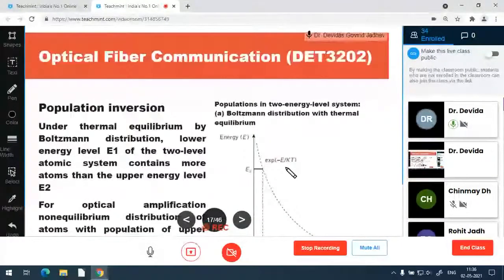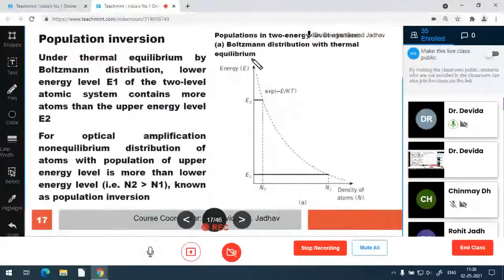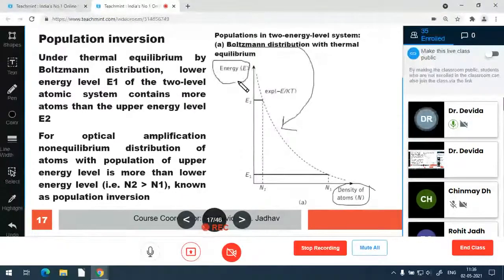Now, for stimulated emission, population inversion is the phenomenon required to support it. What is population inversion? In any semiconductor crystal there is a Boltzmann distribution, an exponential curve of e raised to minus E by kT. This curve controls the density of atoms, shown on the x-axis, and their energy, shown on the y-axis.